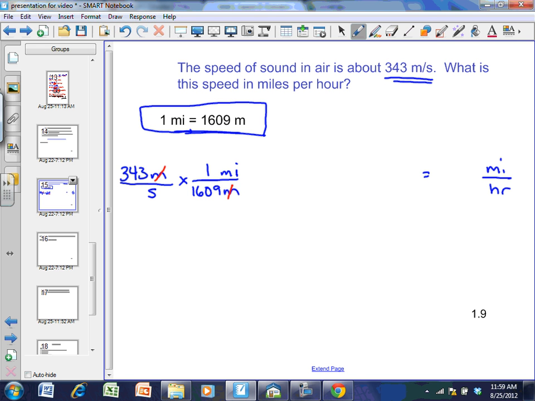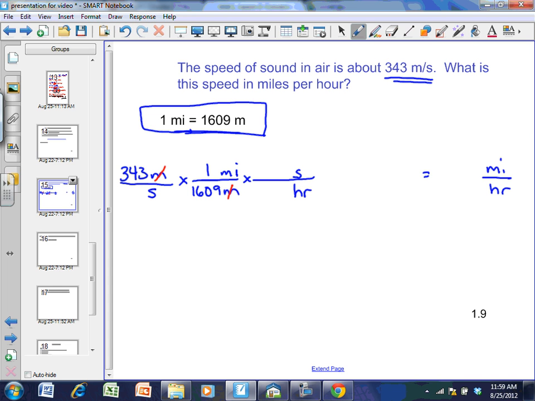So now I have to attack the second part of the problem, the time. I need seconds out of there. Seconds is in the denominator, so I have to put it in the numerator if I want to cancel it. Now, do I know how many seconds there are in an hour?